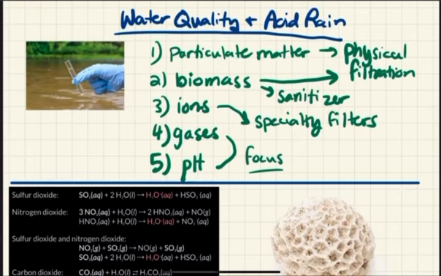A lot of times it would be something like bleach, chlorine, used to kill these smaller biomass and bacteria particles. But even beyond that, you would have ions, which are definitely too small to be removed by some sort of physical mechanism. So you have to start to apply more chemical mechanisms to remove these species. There are specialty filters, like activated carbon, which is good for removing things like chlorine.